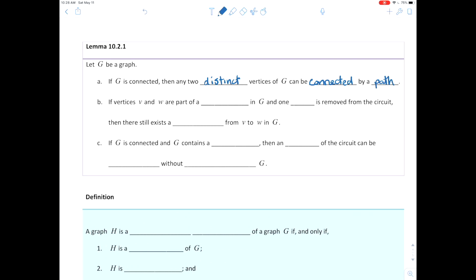If vertices V and W are part of a circuit in G and one edge is removed from the circuit, then there still exists a trail from V to W in G. If G is connected and G contains a circuit, then an edge of the circuit can be removed without disconnecting G. So for you electrical engineers out there, these are some important principles.